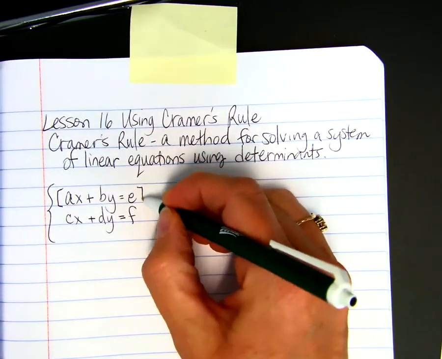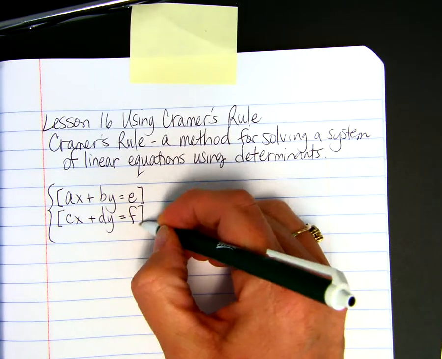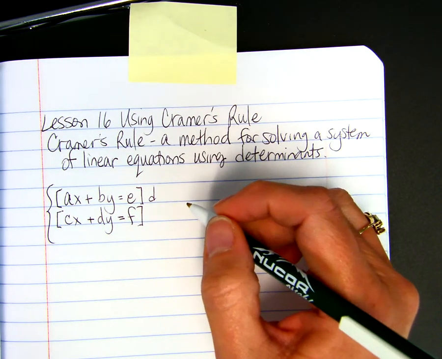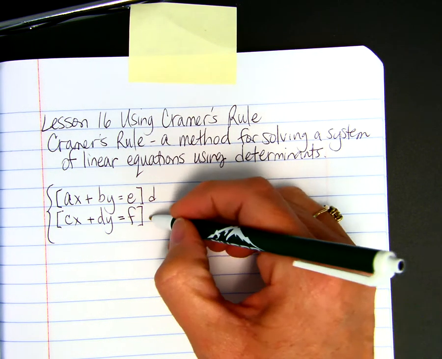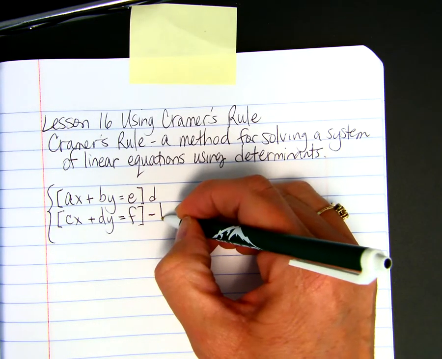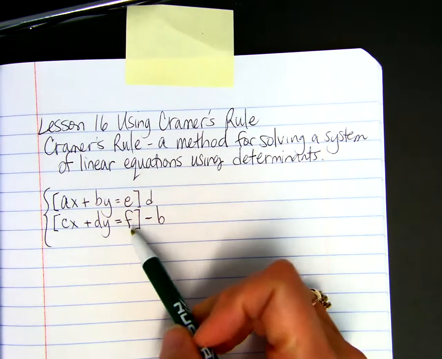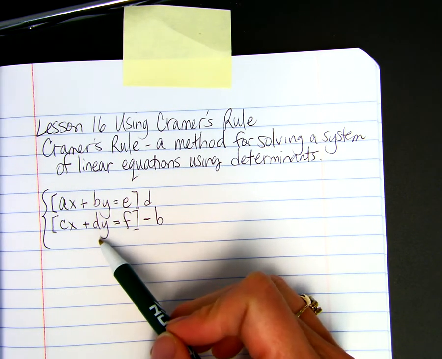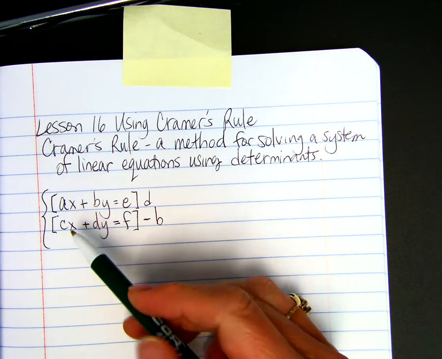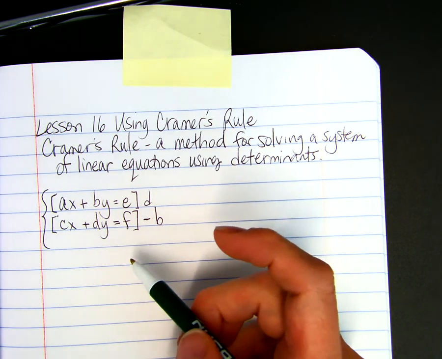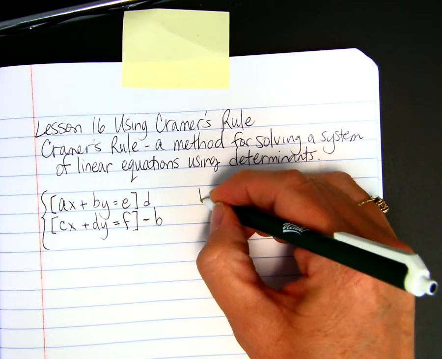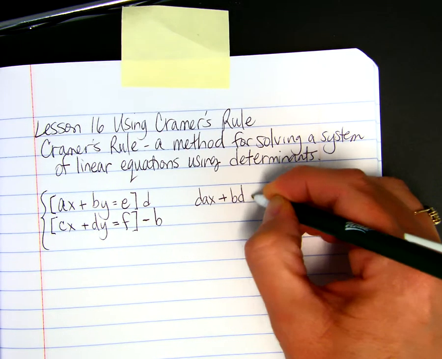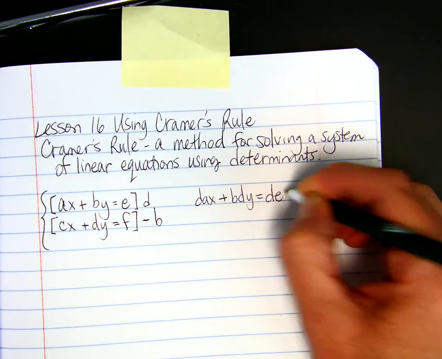Multiply the first equation by d, and the second equation by negative b. If I do that, when we add the two equations, your y term will be eliminated. So we're solving by elimination right now. We have dax plus bdy equals de.